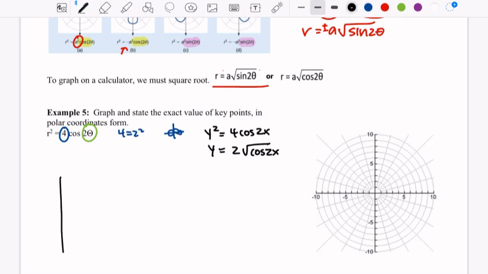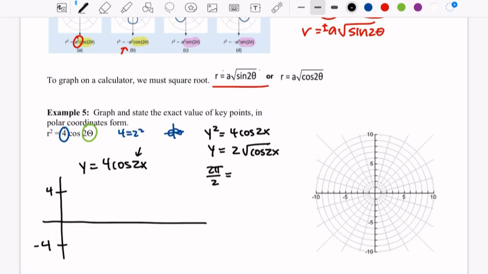So let's first graph y equals 4 cosine 2x. We know that this has an amplitude of 4, its midline is 0, and because 2 is our coefficient on x, our period will be 2 pi over 2, which is pi. So we're going to graph points every pi over 4.